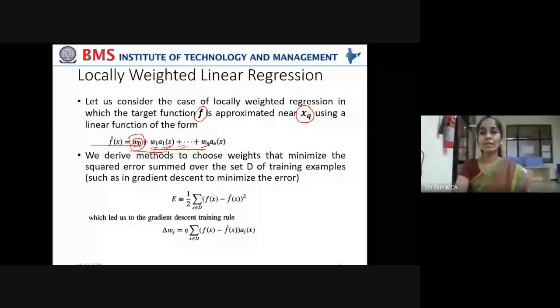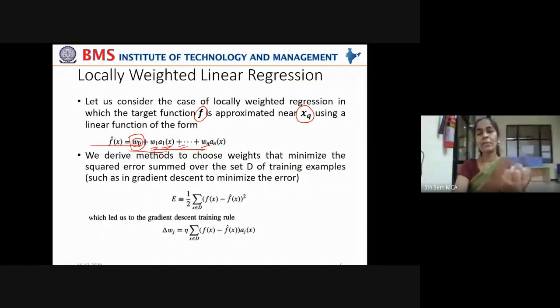Whenever you use regression, it should strike you that we use the least squares method, right? Ordinary least squares method, in which we try to minimize the sum of squared errors. That means if there is any difference between the original value and the predicted value, find the difference, square it, sum them up, and that will give you the sum squared error for that particular model, right?